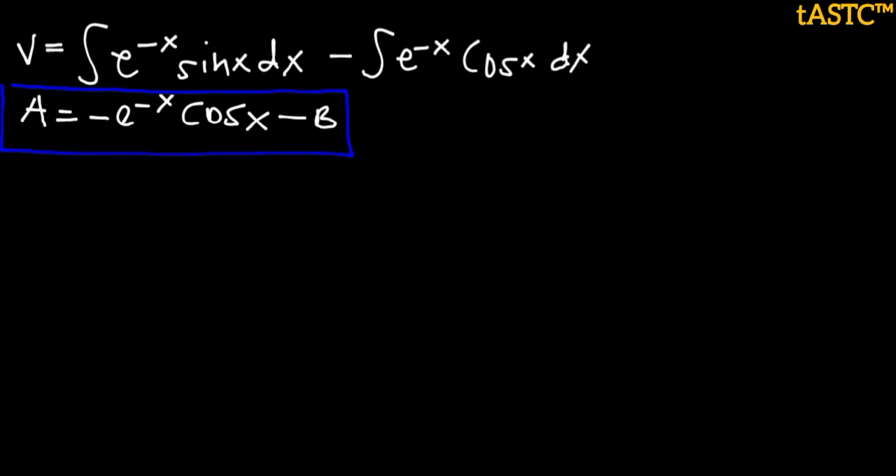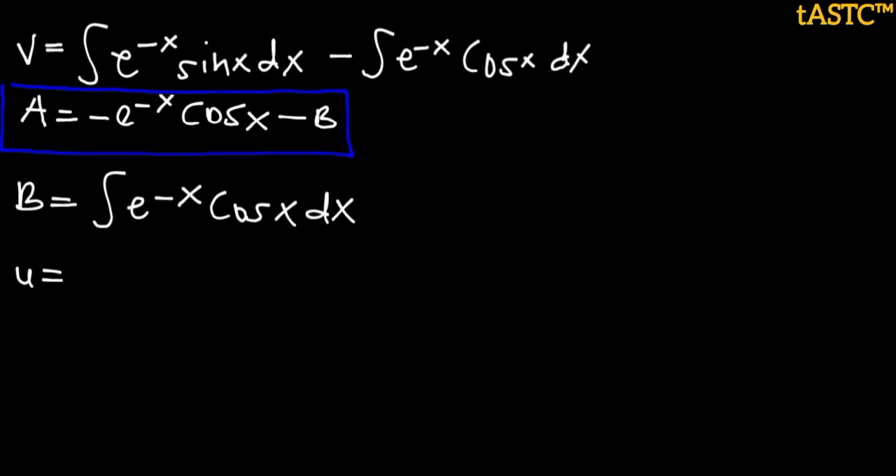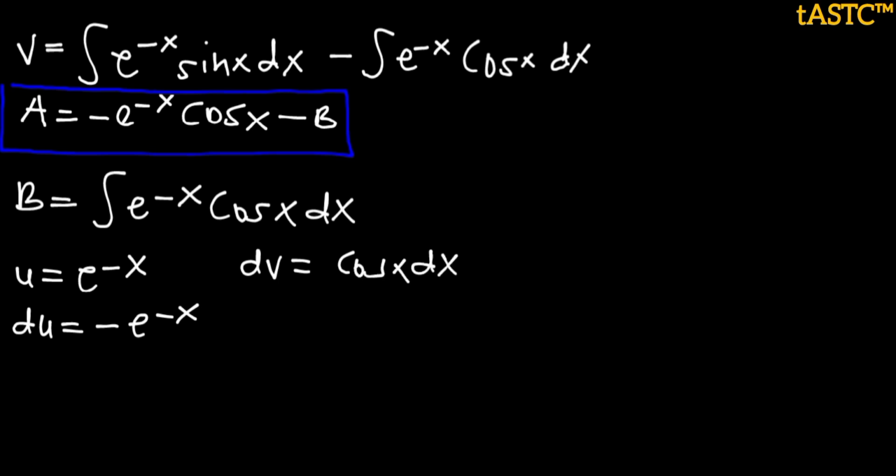Now next up, we need to pick out B. So we said B is equal to the integral of e to the negative x multiplied by cos x dx, right? So we need to work this again using parts. So u is going to be equal to e to the negative x, so du obviously is minus e to the minus x, and then we need to bring out what dv is. dv in this case is going to be cos x dx.